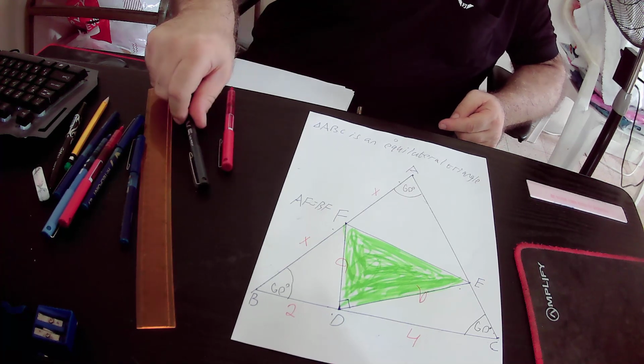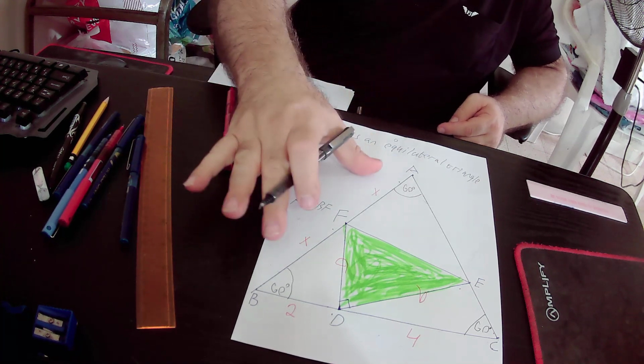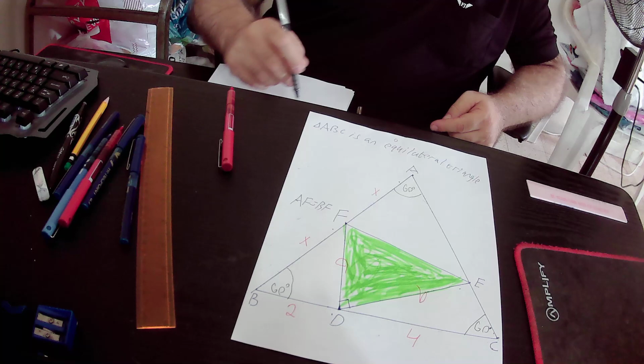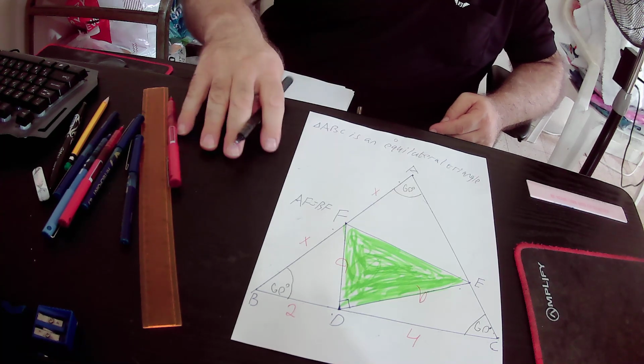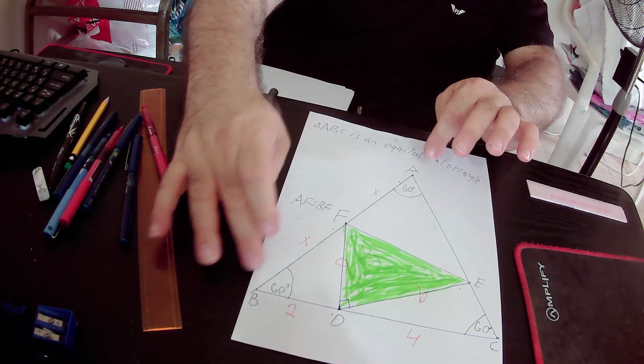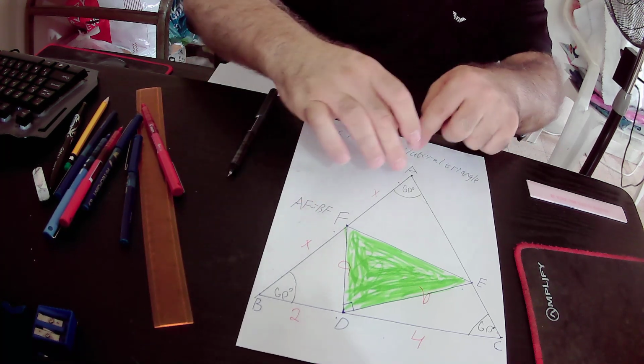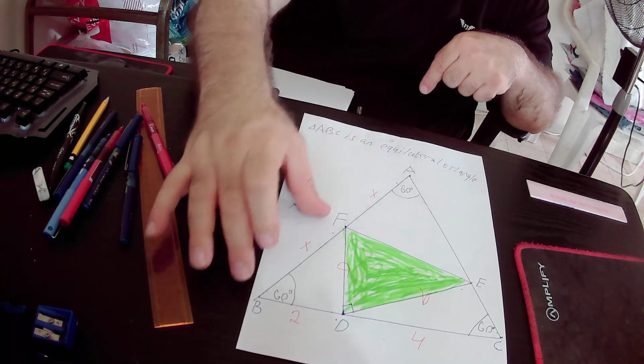From one side AB equals 6 units, but from the other side AB equals AF plus BF.